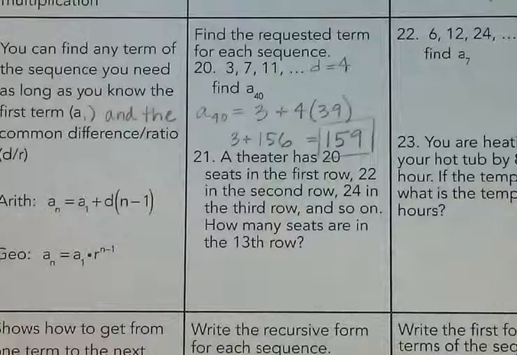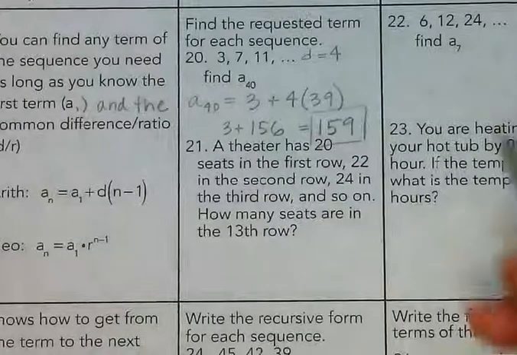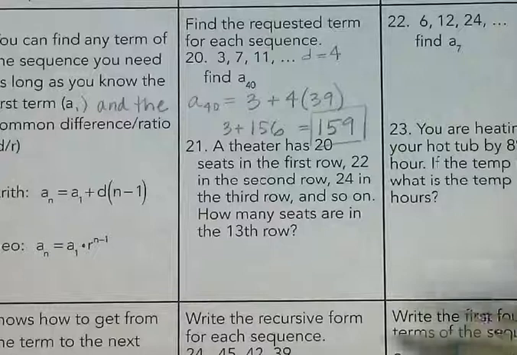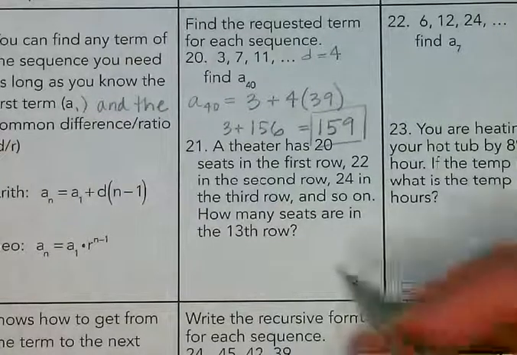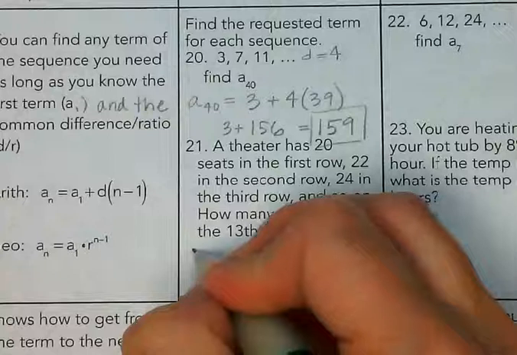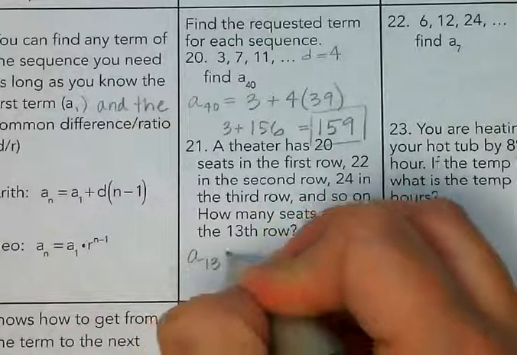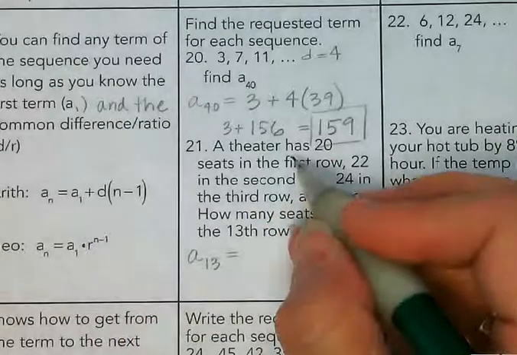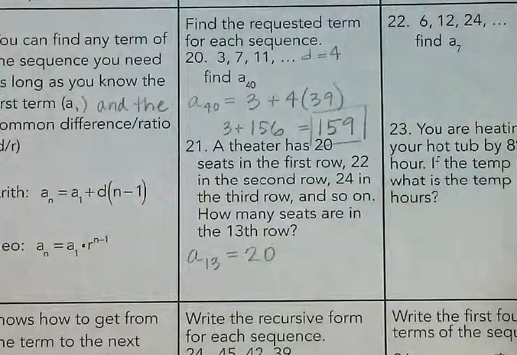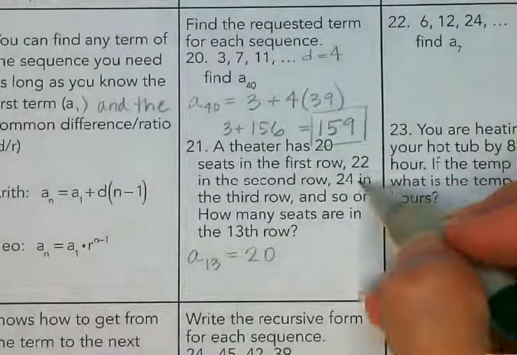All right, number 21 is a word problem. A theater has 20 seats in the first row, 22 in the second, 24 in the third, and so on. I might have messed that up. So how many are in the 13th? So we want to find the 13th row. So what we're going to do is take the first row, which has 20, and it appears as if the D is 2.